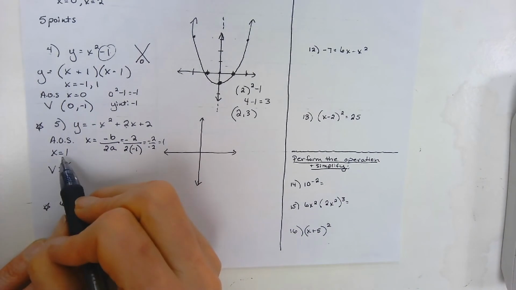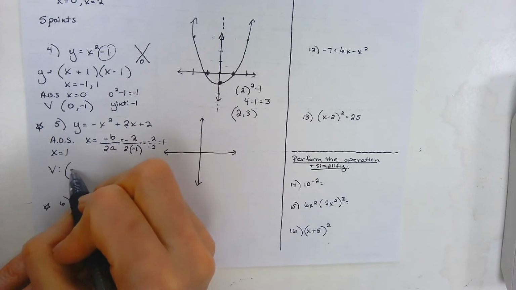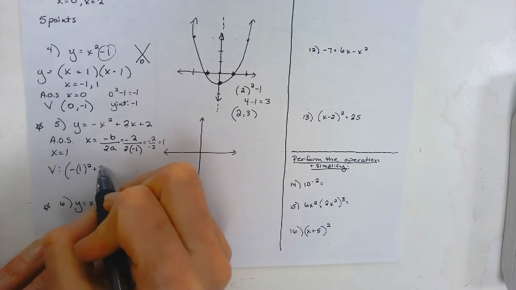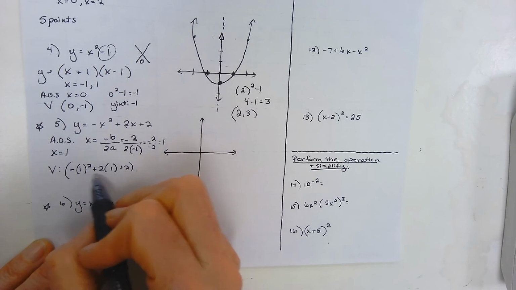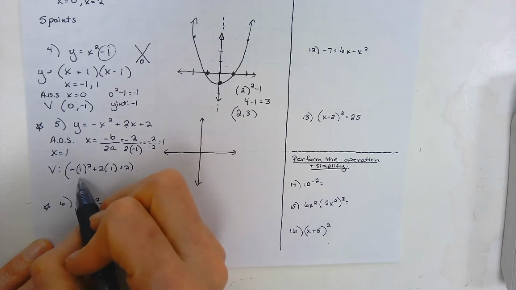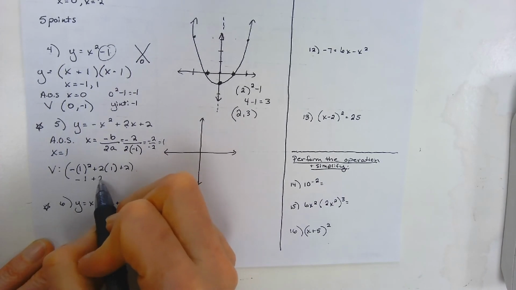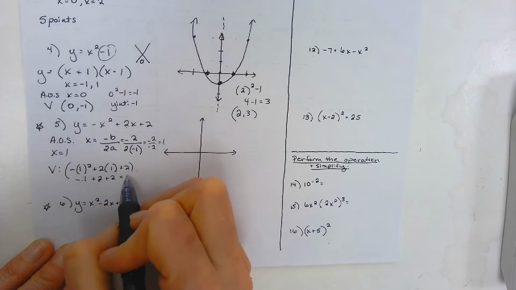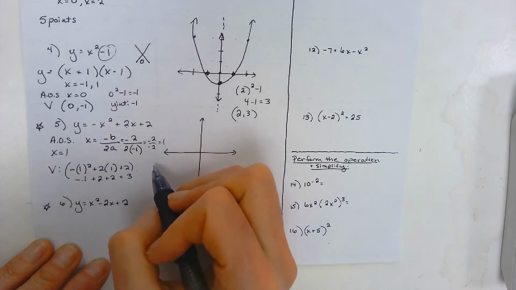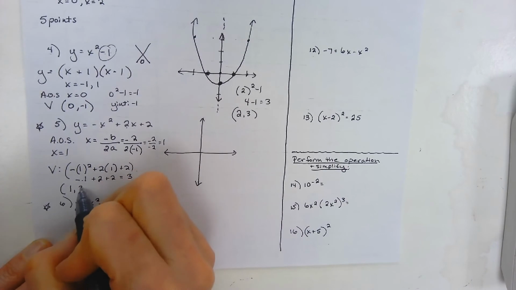For the vertex, I'll put x equals 1 into the function. Negative 1 squared plus 2 times 1 plus 2. And I get negative 1 plus 2 plus 2. That's negative 1 plus 2 is 1, plus 2 is 3. The vertex is (1, 3).